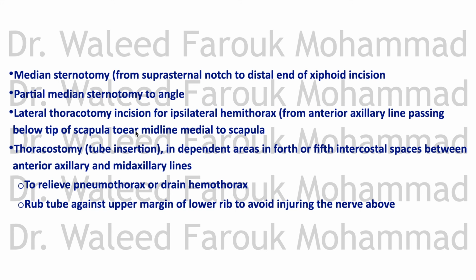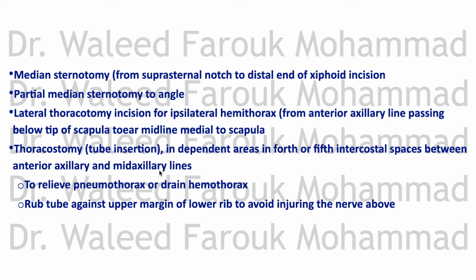Ostomy means you make a hole, and you make a hole in the thoracic cage to insert a tube. This tube is either to relieve a pneumothorax, for example, someone with flail chest like the one we talked about last time, and you want to get this air out, and you put the other end of the tube submerged in water. Or if you want to drain a hemothorax or pyothorax through this thoracostomy tube insertion procedure.